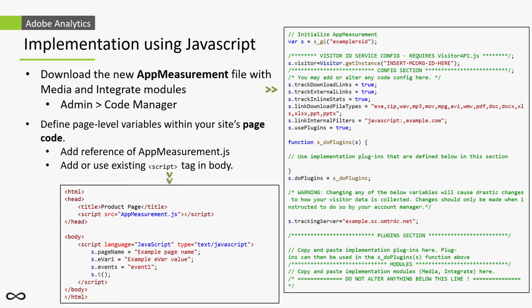So s.pageName equals whatever page name you have, eVar sets the value, and events calls the custom event as an example, and then finally end it with the s.t method, because that will push all the values to the Adobe Analytics server. And that is a must.